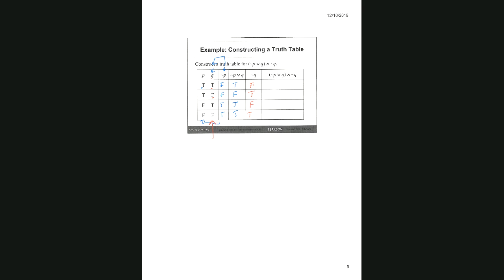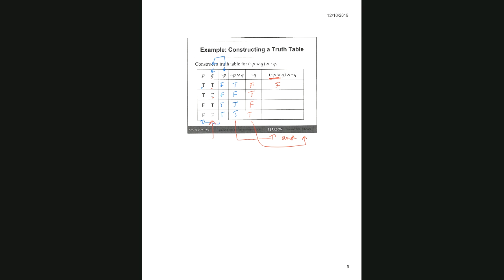So now for this column, we're going to put everything together. This column, which is this column right here, that's the first part. And then it's going to be and this second part. So for the first one, if I have true and false, if something is true and false, then it is false.